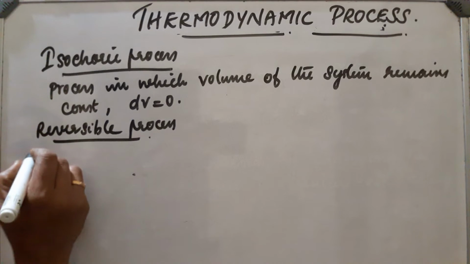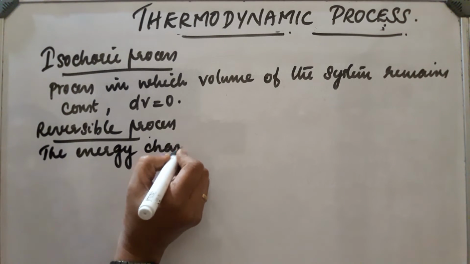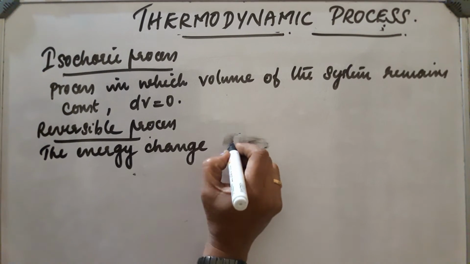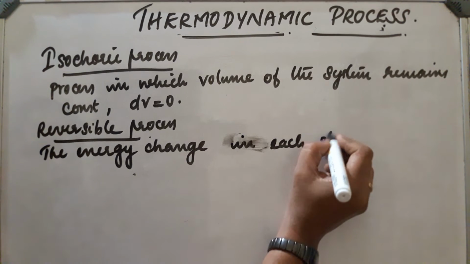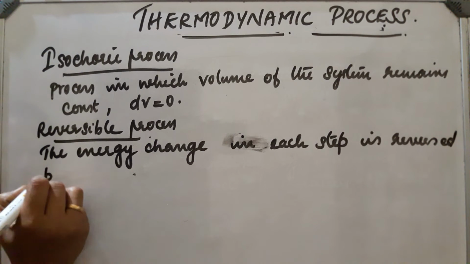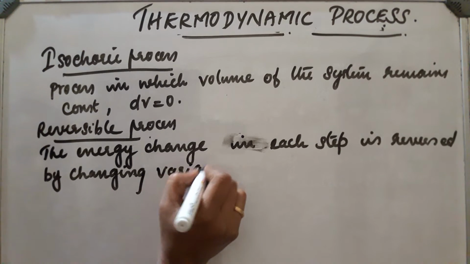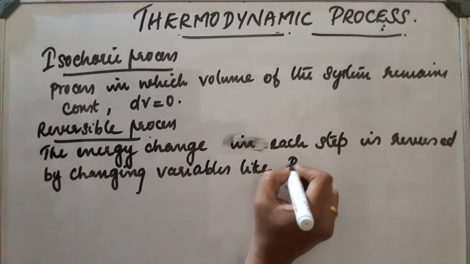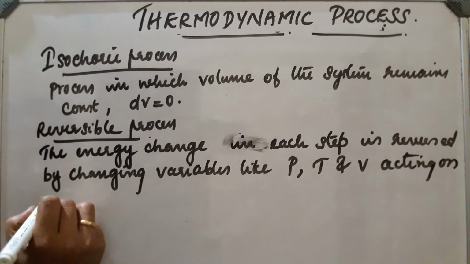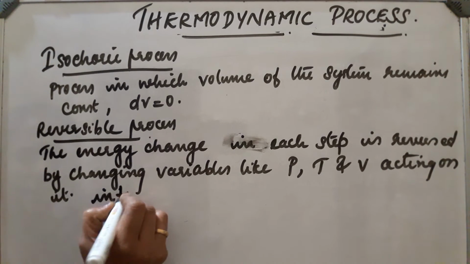So, a process in which the energy change in each step is reversed by changing variables like pressure, temperature and volume acting on it, and this process takes place infinitesimally slowly.